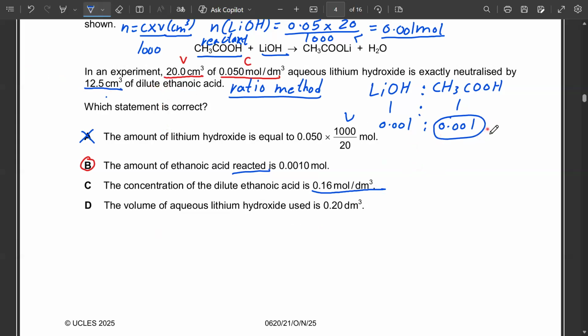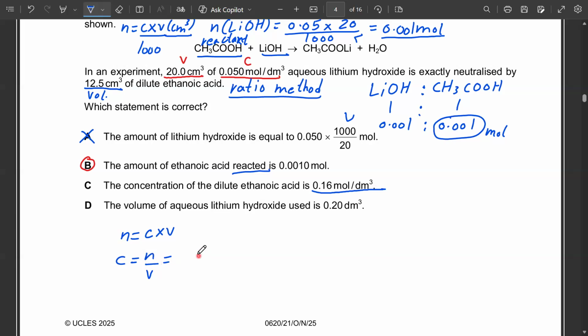So we have the mole here, and we have the volume of the ethanoic acid. Now use these two values to check how much concentration there would be. We use the same formula, n = C × V. Now rearrange to find the concentration, C = n over V.